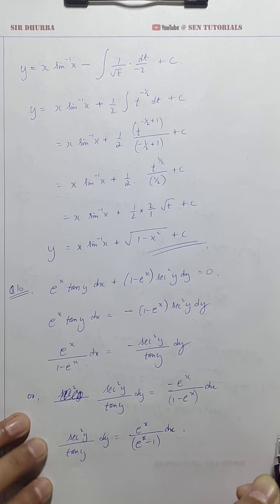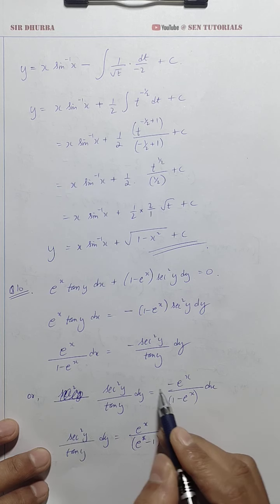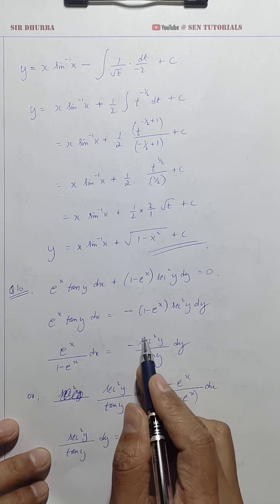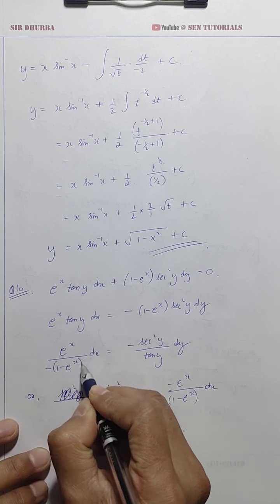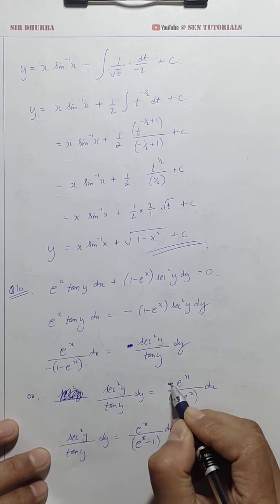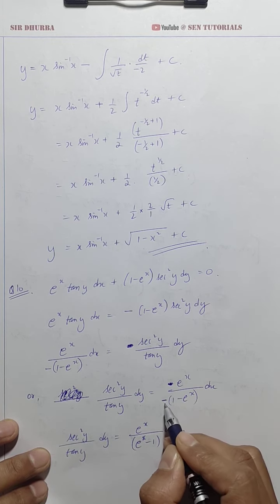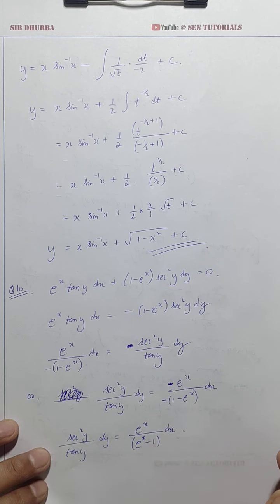I'm just trying to remove the negative sign. That you can do while cross multiplying, no problem, that will be better. So minus times minus, that's going to be plus e power x by e power x minus 1. Okay, pause the video, write it down.